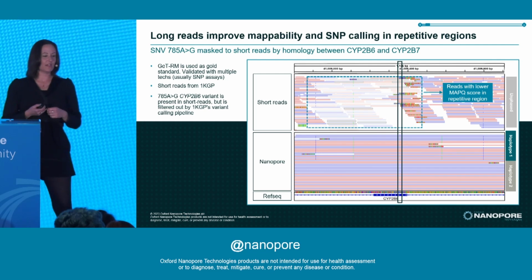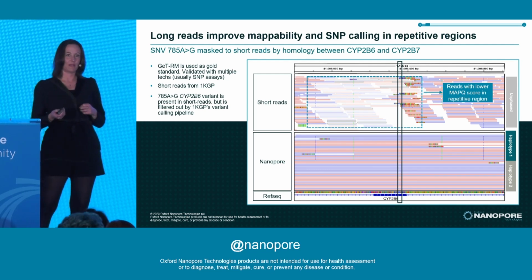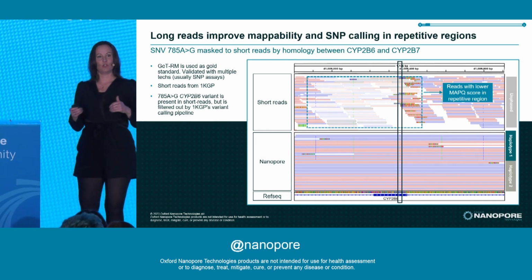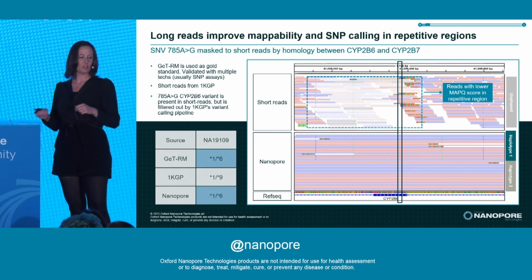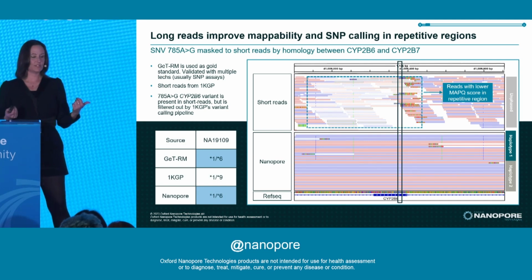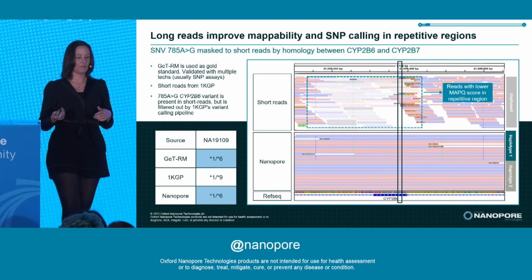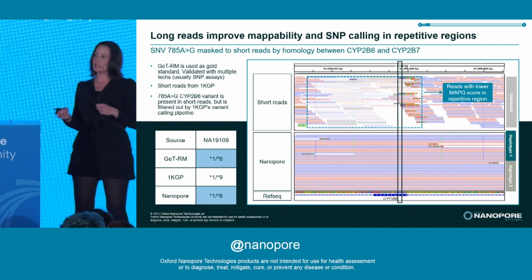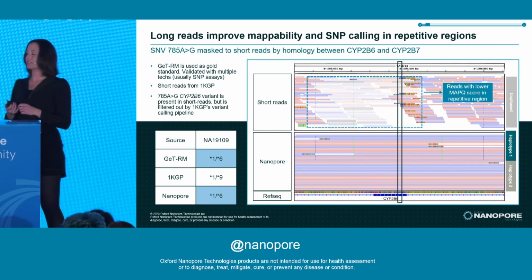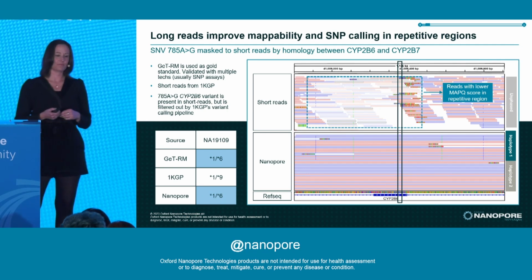However, the 1000 Genomes Project variant calling pipeline will filter this SNP out very early on because it's in this region of low mappability. What that means for these pharmacogenes is that when you call the star allele with nanopore sequencing and from the GetRM reference, you get a star 1, star 6 allele. But with short read sequencing, you get a star 1, star 9, which is wrong.